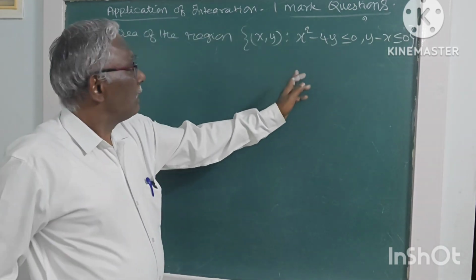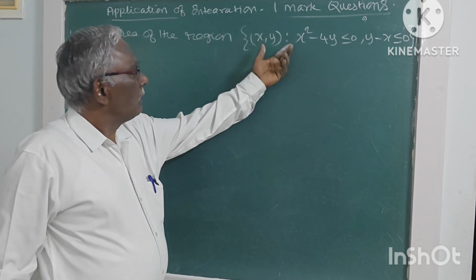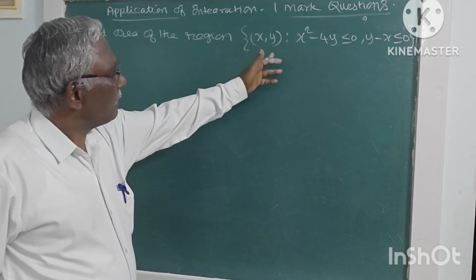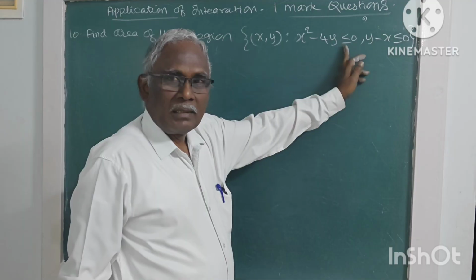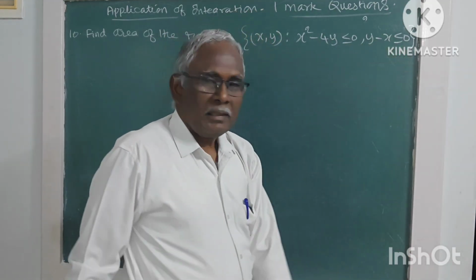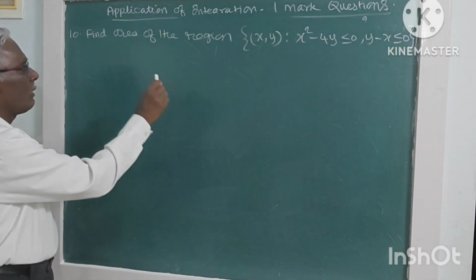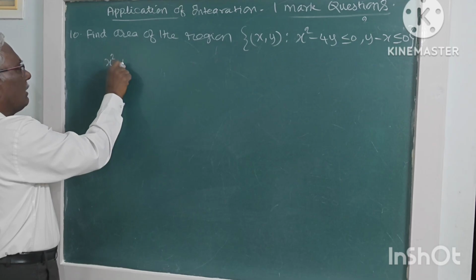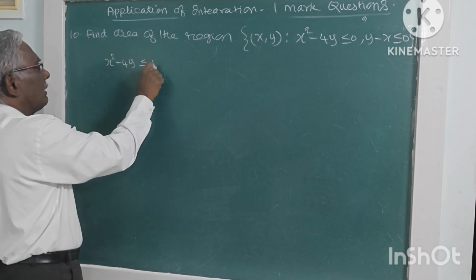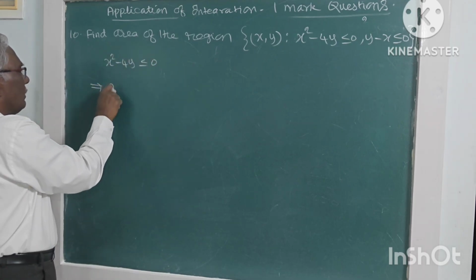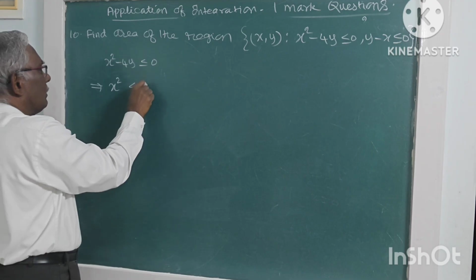We have to find the area of the region, the set of ordered pairs such that x square minus 4y is less than or equal to 0, and y minus x is less than or equal to 0. So x square minus 4y less than or equal to 0 gives x square less than or equal to 4y.